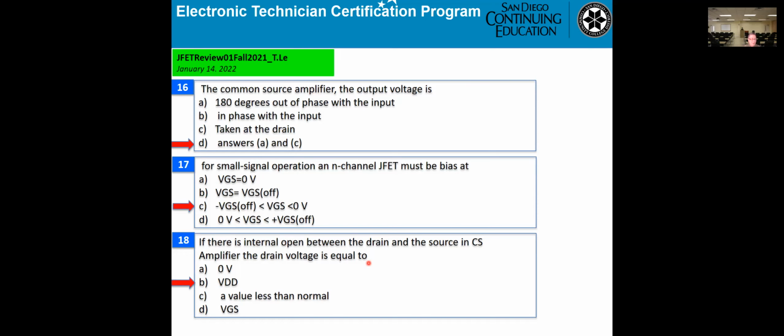Okay, that's number 18. Answer will be B.